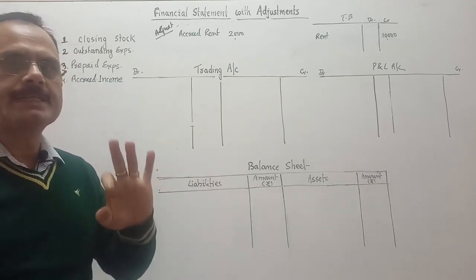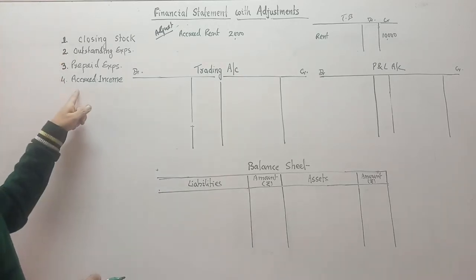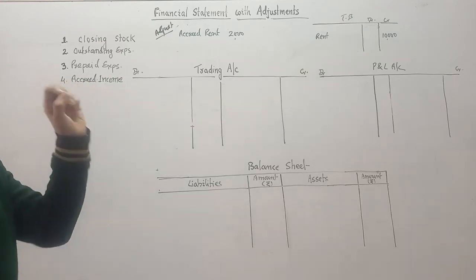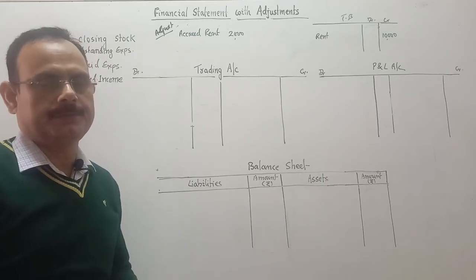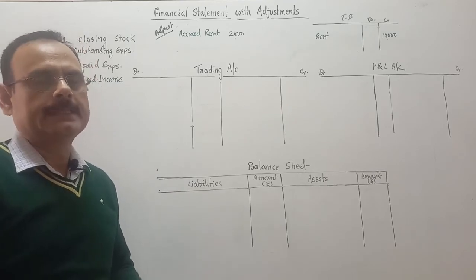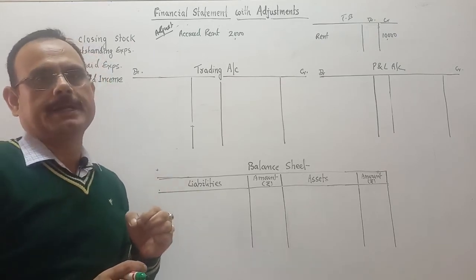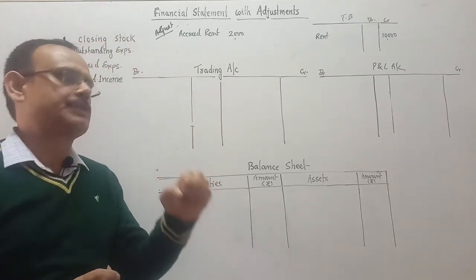Then this will be adjusted at two places. So accrued income is the fourth adjustment I am going to discuss.